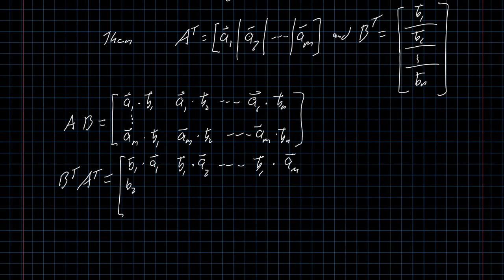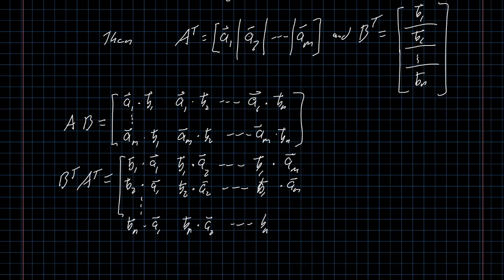I'll do B2 and dot it with A1, A2, and all the way down to Am. And I'll keep doing that until I get to Bn, which I'll dot with A1 and A2, and all the way down to Am.